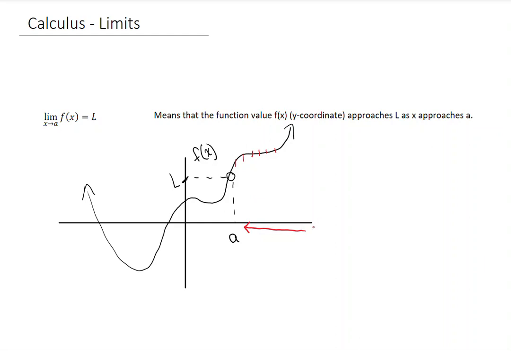And you can see we can look at it from this side and this side of the graph. As the x values get closer and closer to that value, you'll see that the y values also kind of converge to that same point. So they kind of close in on it.